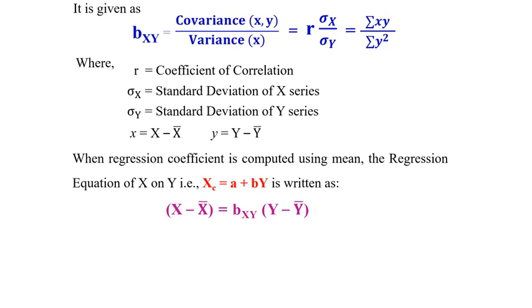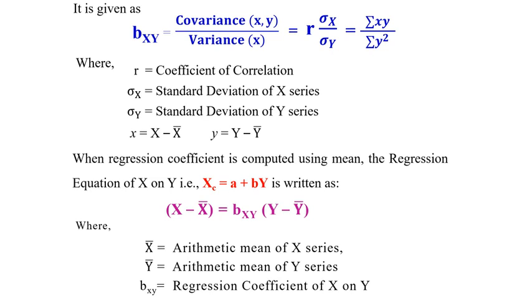Observe these two: y minus y bar equals byx into x minus x bar, and x minus x bar equals bxy into y minus y bar. Observe these changes in both the equations. Okay, bxy is the regression coefficient of x on y.